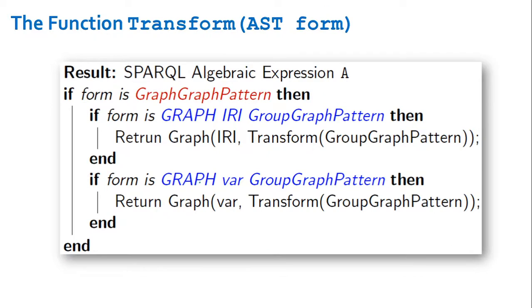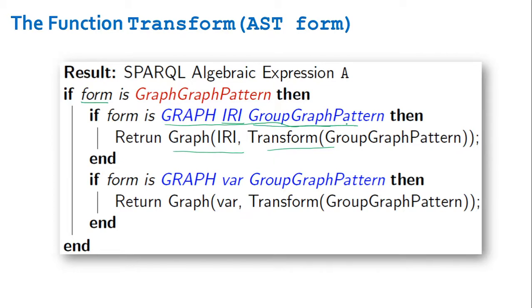Now this is the graph pattern. It is very straightforward. If the form is a graph pattern, then we check whether this is of the kind of syntax where we have the explicit mention of the IRI, and we represent that as graph IRI followed by the transform of the group graph pattern which follows the IRI.